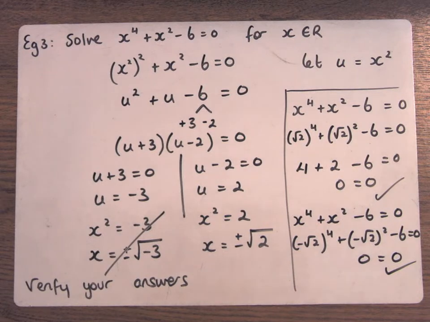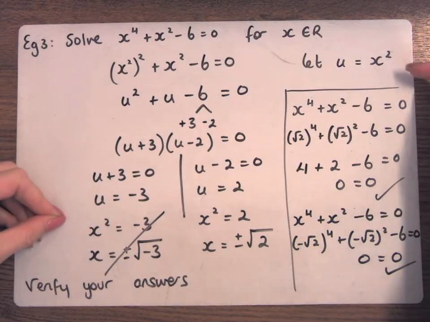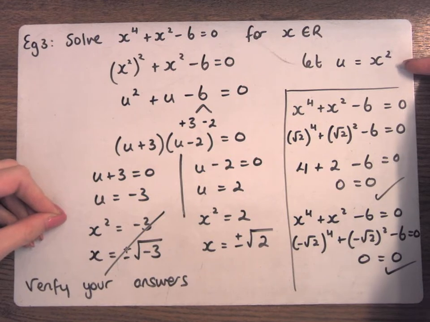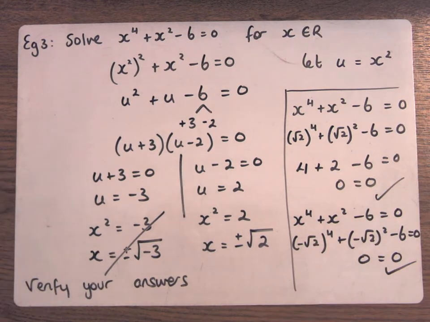If it's not a solution, if you check and it doesn't come out with the left equal to the right, you cross it out just like I did here. So first of all you substitute, then you solve your quadratic, then you bring that back in. So whatever that was, you put it equal to your answers, then you verify. You should be verifying all your answers.